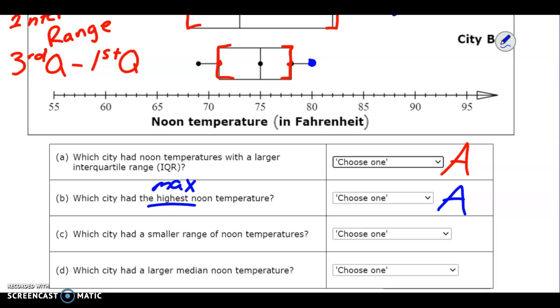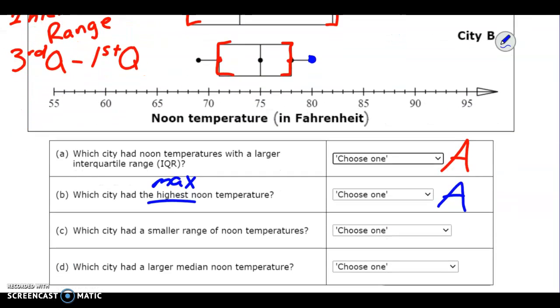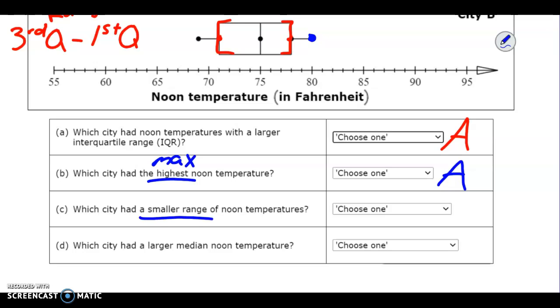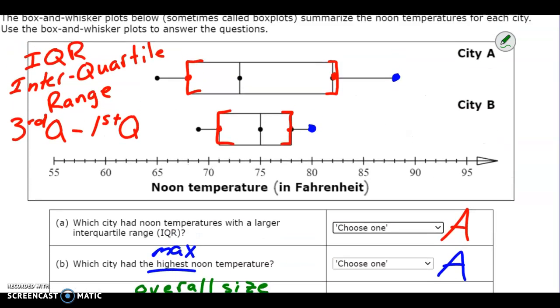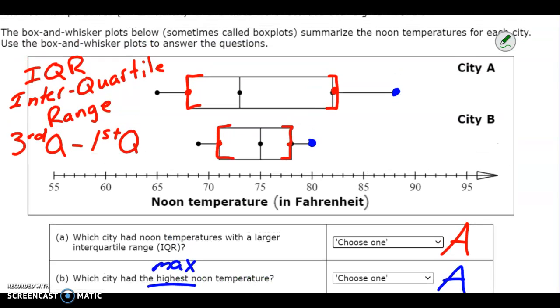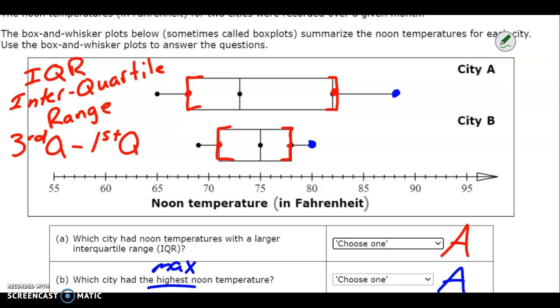Which city had a smaller range of noon temperatures? So when we're just talking about overall range, that's like the overall size of that box and whisker plot. Remember, the range of any set of data is the max minus the min. So really what they're asking here, the smaller range, well, the first one goes from, it looks like 65-ish all the way up to like 88.